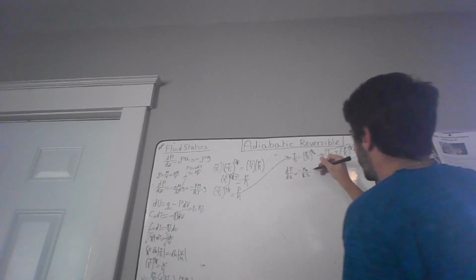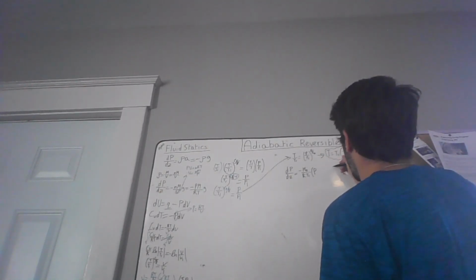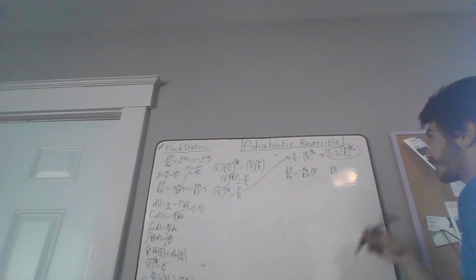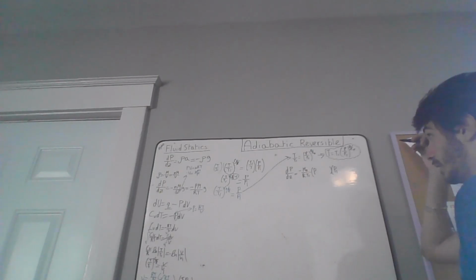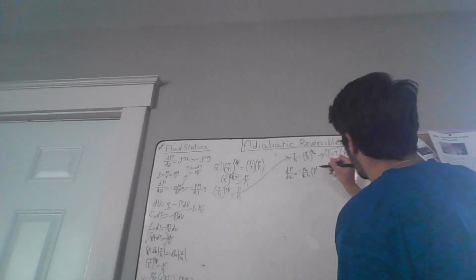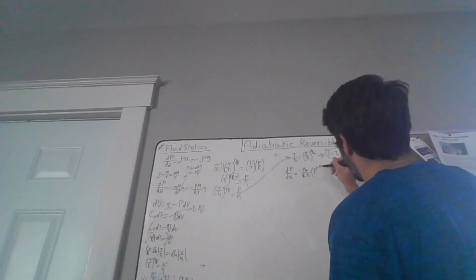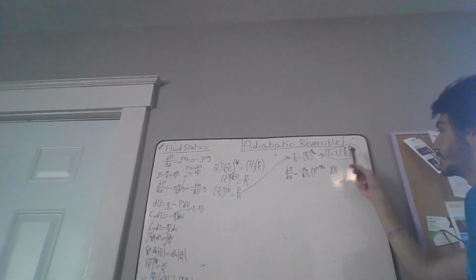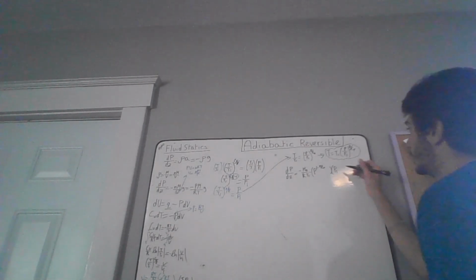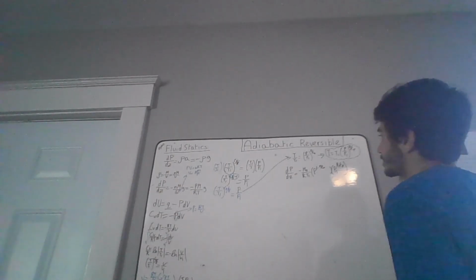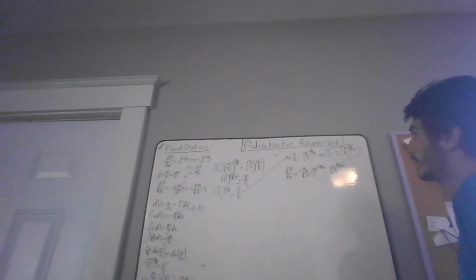Okay, so we have a P, and then we have a P1 coming out of here. And the P's, we had one on the top, so what I'm going to have is 1 minus R over CP, right? Because P to the negative R over CP, 1 minus the R, right? And then for this, it's just going to be R over CP, right?